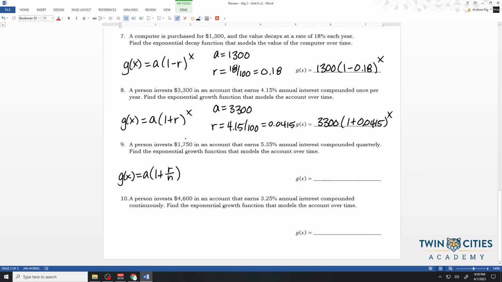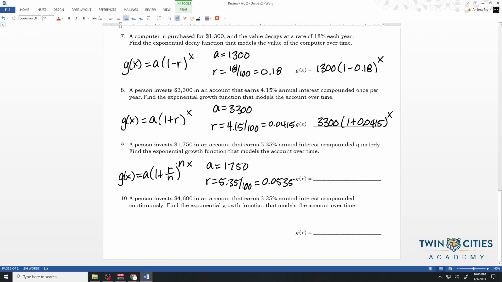And then this is to the, instead of x, n times x. So I still need what a and r are. In this case, a is 1,750, and r is the rate, so that's 5.35%, so 5.35 divided by 100 is the same as 0.0535. But I also need n.